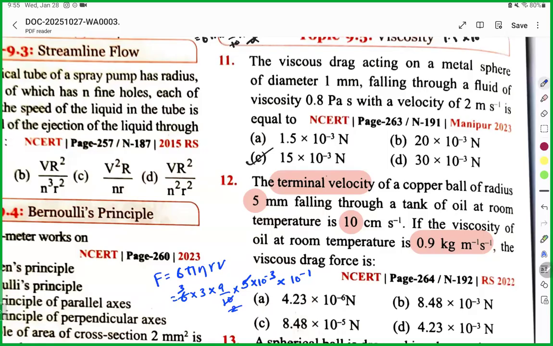So 8.4 into 10 raised to power minus 3. The answer will be B. Yes, sir, I got the same answer. Tell me, guys, from this topic you are getting straightforward F is equal to 6 pi nRV. And through this question, you can easily recall the formula force is equal to 6 pi nRV.